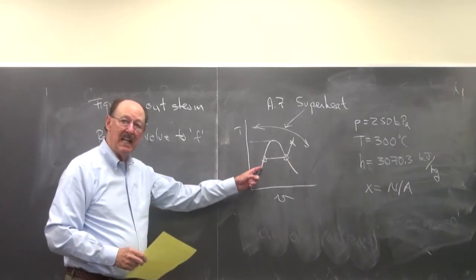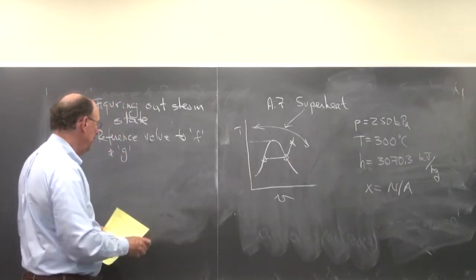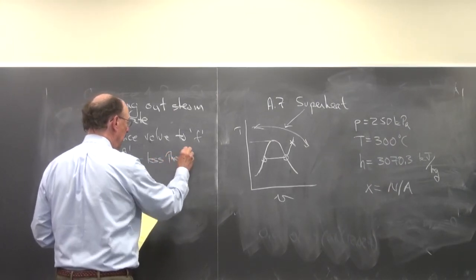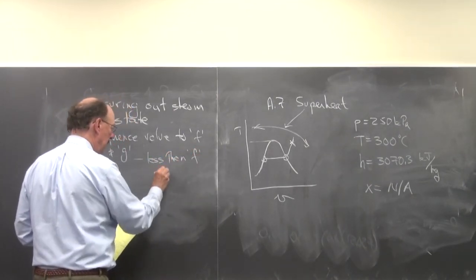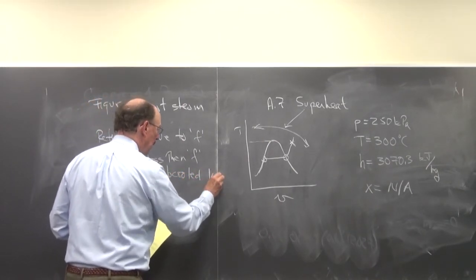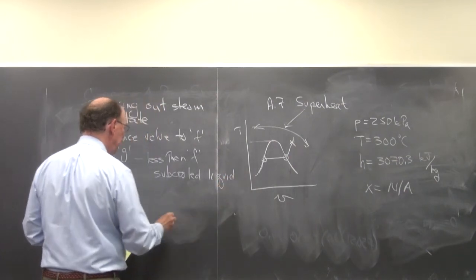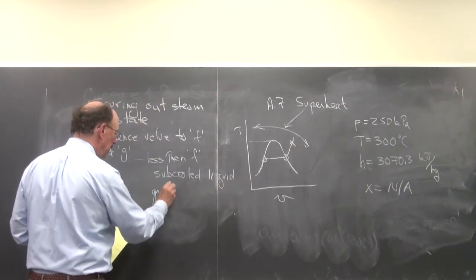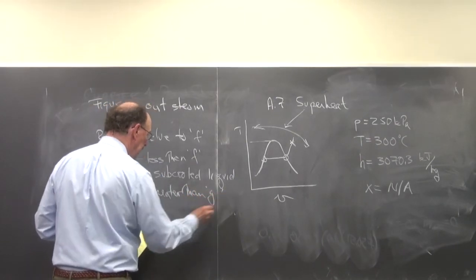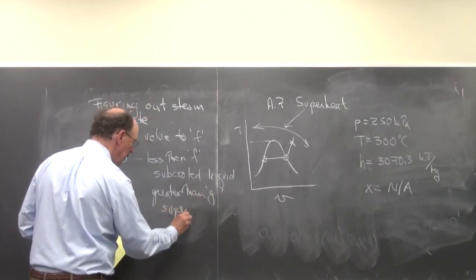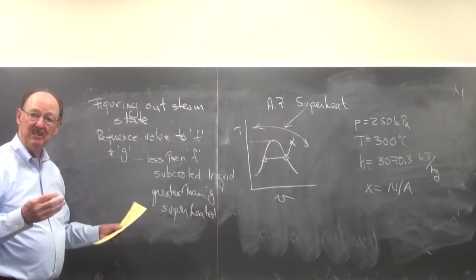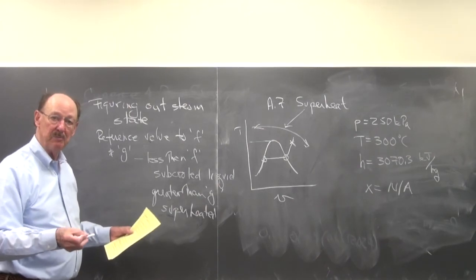So if it's less than f, it's a subcooled liquid. If it's greater than g, it's superheated. Obviously, if it's in between, it's a mixture, and you'll have to find the quality or something like that.